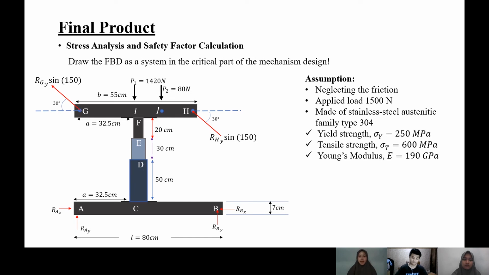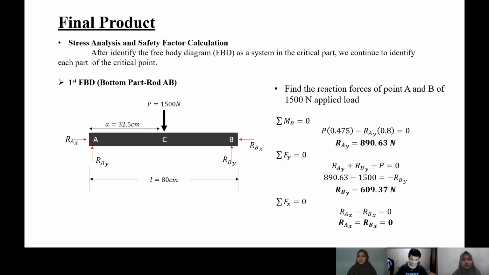Next will be explained by Leila. Now, in this part, we will discuss the first part of the free body diagram, which is the bottom part, or rod AB. Here, we need to find the reaction forces at points A and B with the applied load of 1500 Newton.